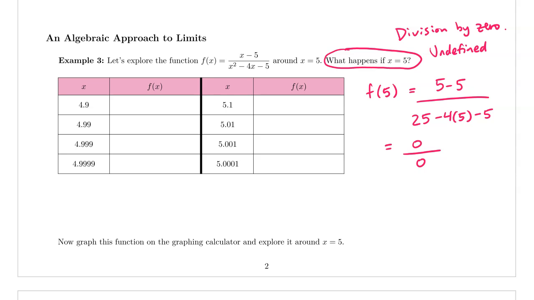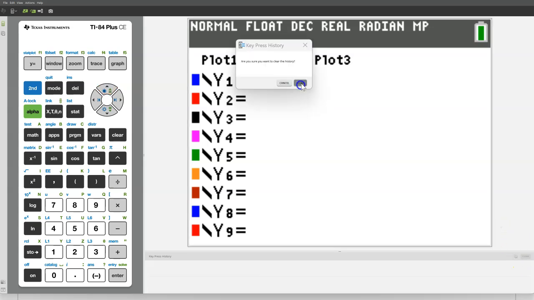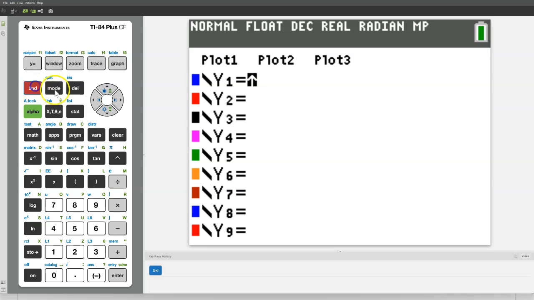table feature. All right, so here is my graphing calculator. I'm just going to go ahead and clear my key history so we can see from scratch. If I'm at the home page, I want to go to graph. And then from here, I want to plug in my function.